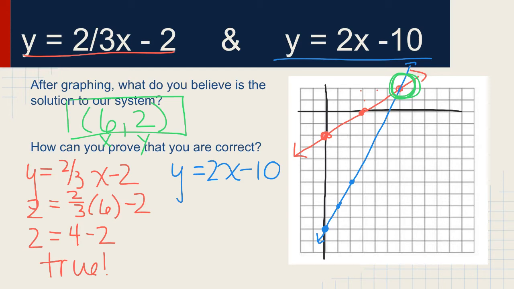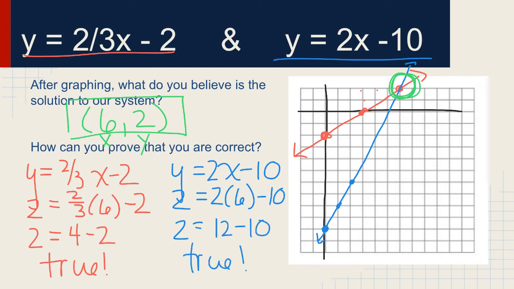So let me check with the blue equation. My y number was 2, and then 2 times my x number. So I had 2 equals 12 minus 10. That is also true. So it looks like I have one answer to my system of equations.